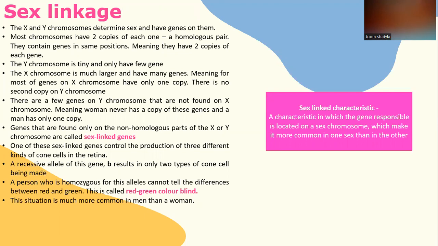This is called red-green color blindness. It is much more common in men than in women. A sex-linked characteristic is one in which the gene responsible is located on a sex chromosome, which makes it more common in one sex than in the other.